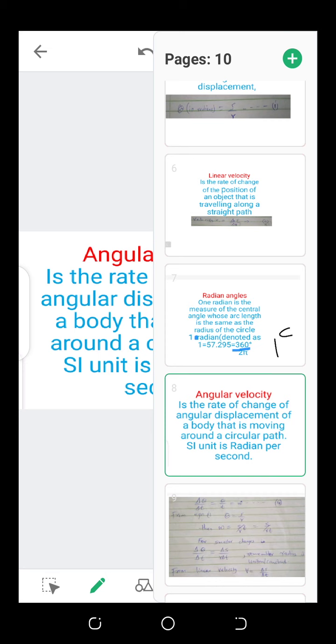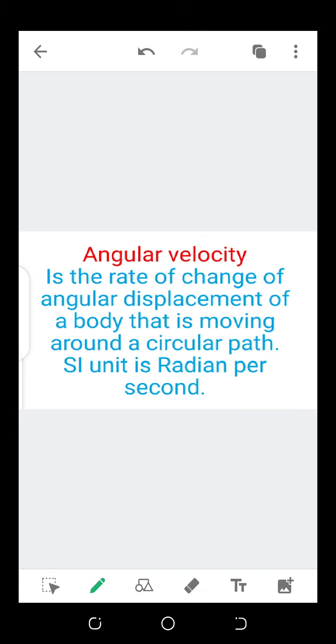Now we can go to angular velocity. From linear velocity, we've agreed that it is change in displacement, you divide by change in time, you get your linear velocity. In angular velocity, it is the same thing, but now it will be the change in angular displacement.